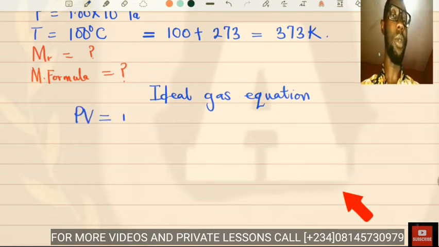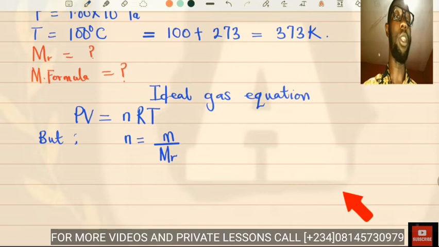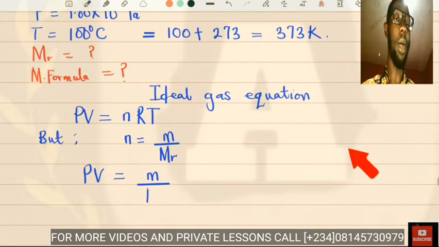But we know that number of moles is equal to mass divided by the Mr, which is the molecular mass. So PV is equal to mass divided by Mr, then R multiplied by T.